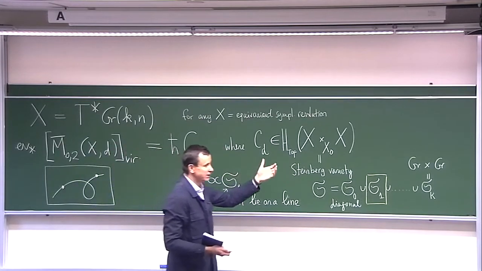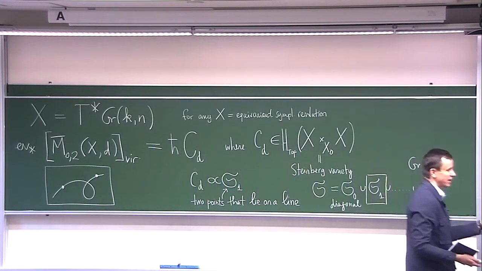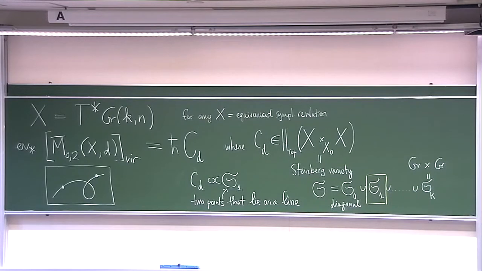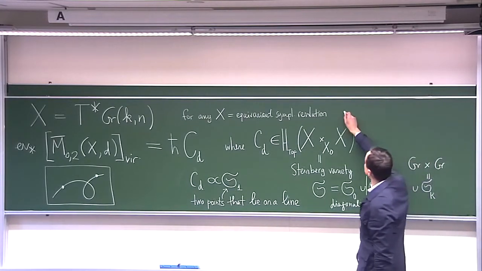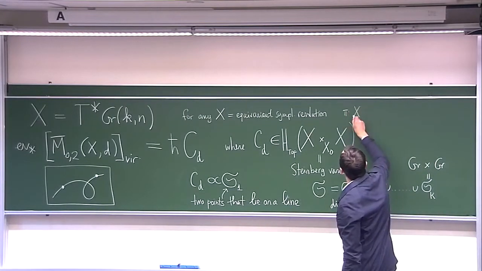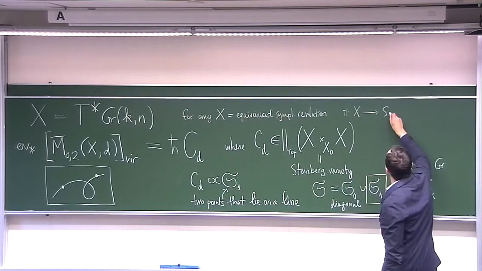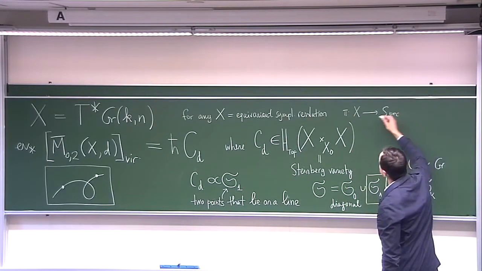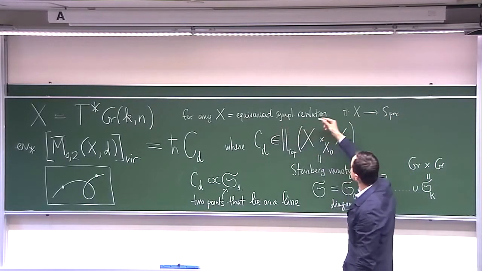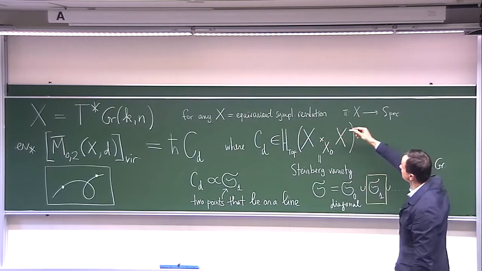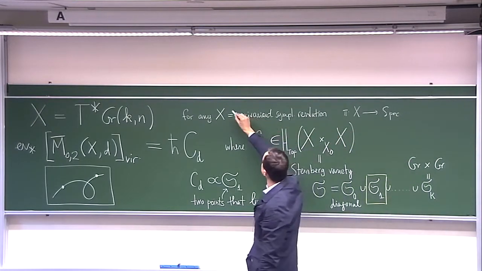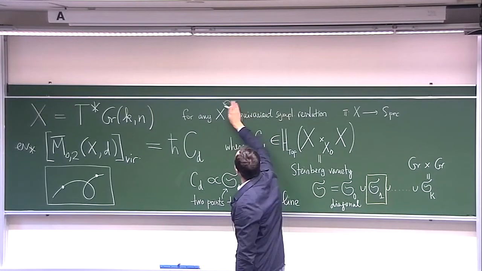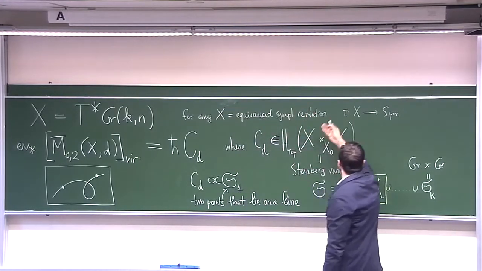So when do we know that some variety is a resolution of singularities? It means when you look at the canonical map from X to the spectrum of global functions of X, which is an affine algebraic variety. So X is not affine, but it's a resolution of singularities of an affine algebraic variety.